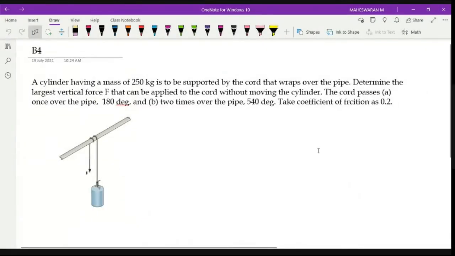Belt friction. So this is a problem related to belt friction. Previously in unit 1 we discussed frictionless belt drives or pulleys. Whenever you have a pulley connected to a thread, when it is passing over the pulley, I can say T1 is equal to T2 because there is no friction. It means your rope is sliding, your pulley is not rotating. When your pulley starts to rotate, then it is a friction pulley.